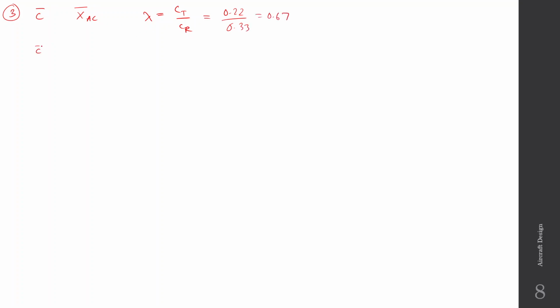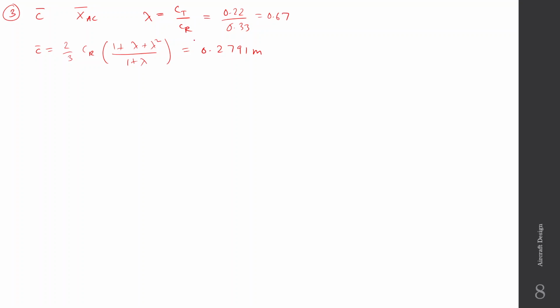Then the C bar will be 2 by 3 CR times (1 plus lambda square) by (1 plus lambda). So this C bar comes out to 0.2791 meter.